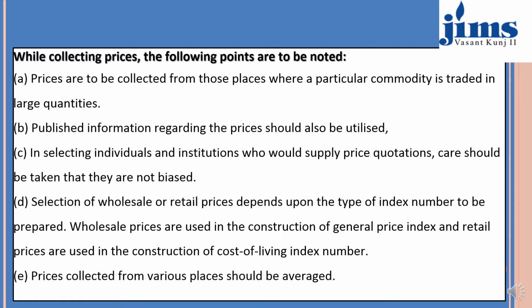Selection of wholesale and retail prices depends upon the type of index number to be prepared. Wholesale prices are used for the construction of general price index and retail prices are used for construction of cost of living index number. Prices collected from the various places should be averaged.